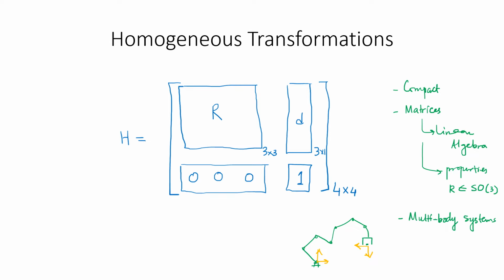But in that particular case, you have to go frame by frame, or link by link, or joint by joint, in order to move in the forward direction, eventually reaching that final tool center point.